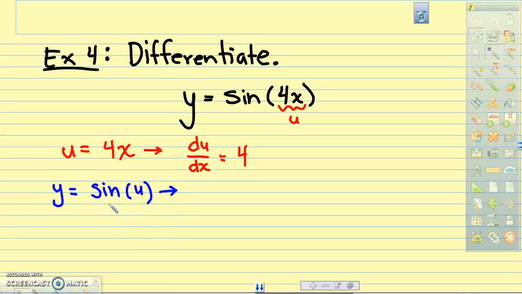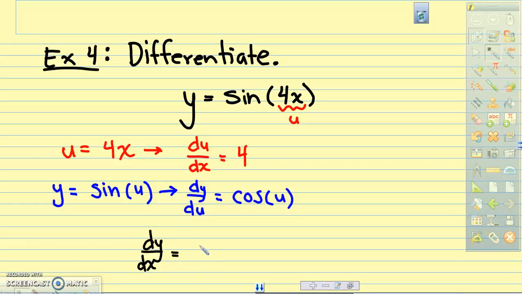And the derivative of sine u, so dy over du, is cosine of u. So dy over dx is cosine of 4x.